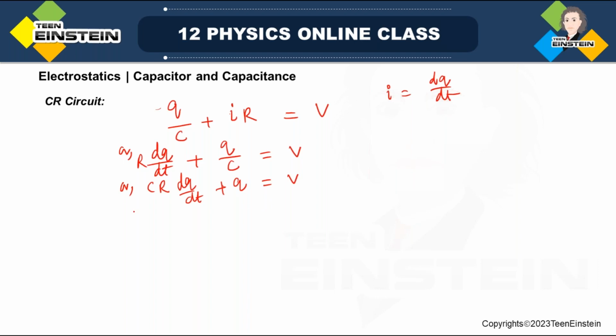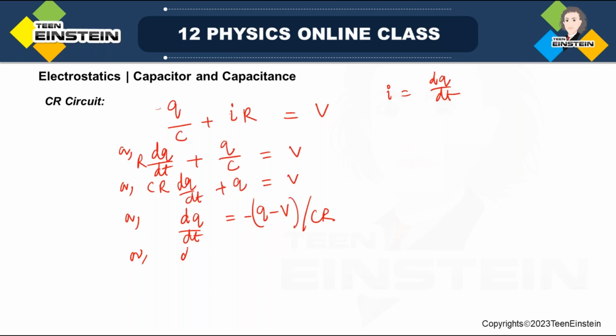Now I have to integrate for charge q. So I write q minus v with the minus sign here, and dq by divided by cr.